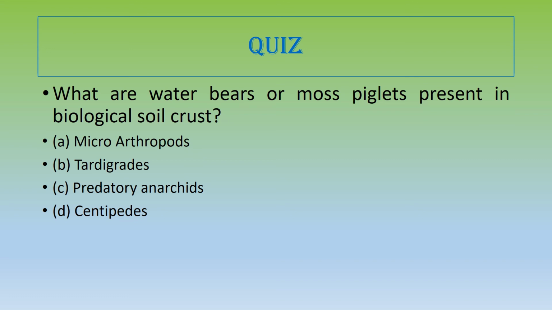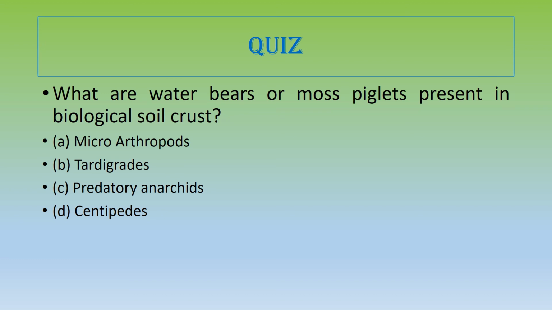This water bear or moss piglet feeds on the fungi, the plant content, or the algae that are present in the biological soil crust. However, this moss piglet or water bear is the tardigrade.